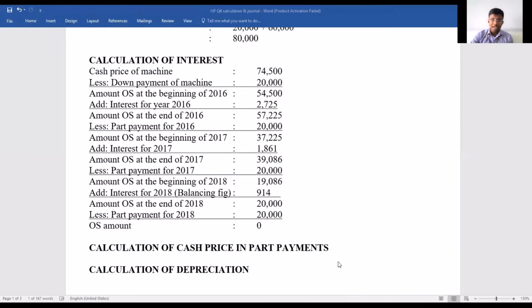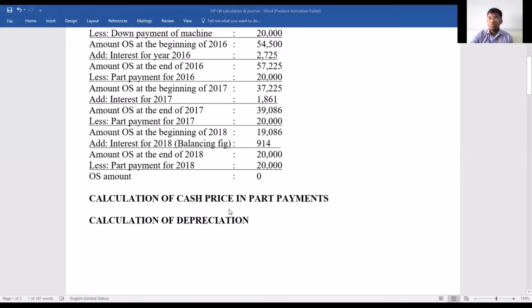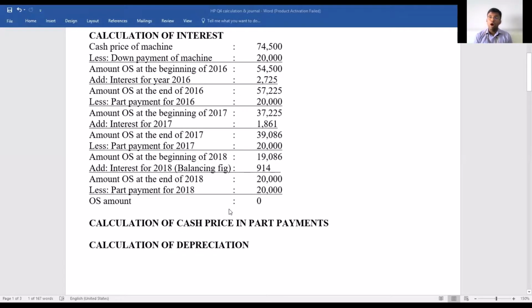The next part of the calculation that we have to work out is to identify how much is the cash price of the product in every part payment that you're making. Let me explain that a little bit more in detail. In every part payment that you're processing as a part of your payment towards the vendor, a certain portion of the money goes towards the cash price, and a certain portion of the money goes towards the interest. I'll repeat that.